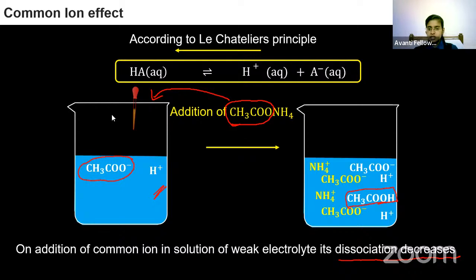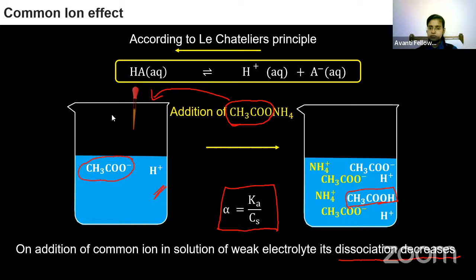Alpha is equal to Ka divided by Cs. Ka means dissociation constant of the acid and Cs is the concentration of the solution. This is a very important formula: alpha is equal to Ka divided by Cs.